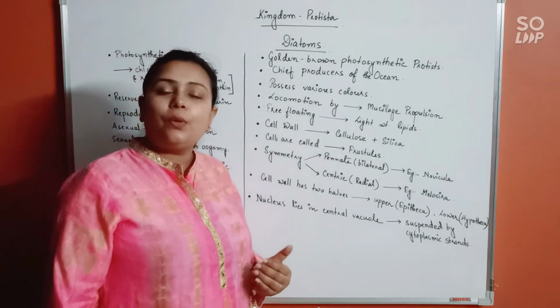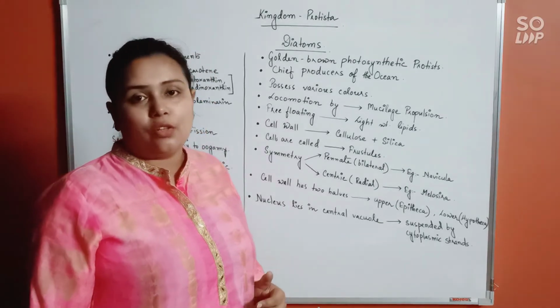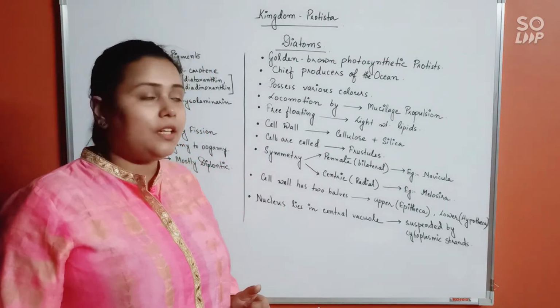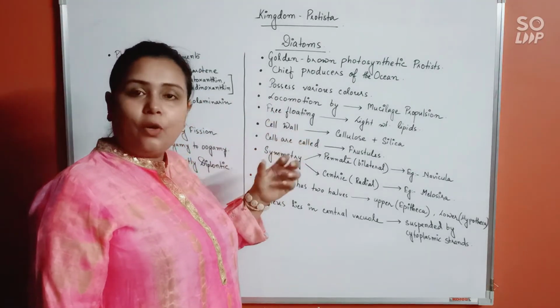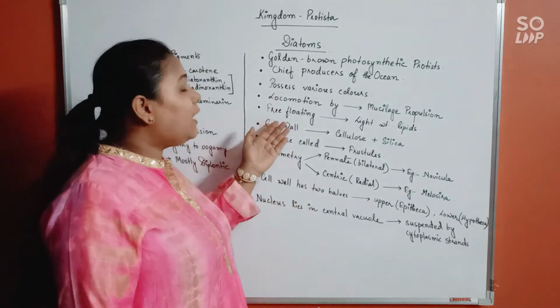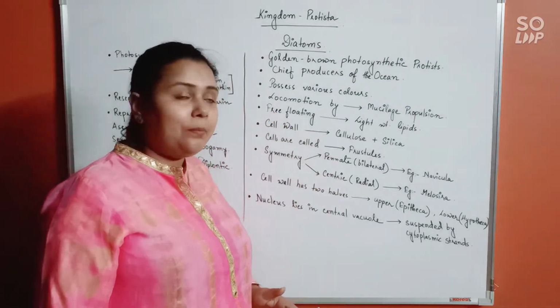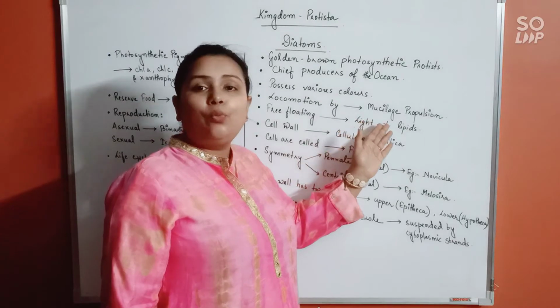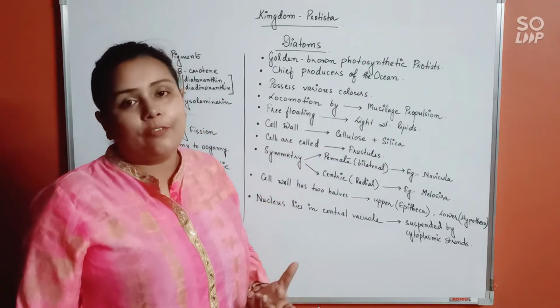Here the cells release thick mucilage in the direction opposite to the direction of movement, isn't it? Now, they are free floating because they are phytoplanktonic. Why? Because they possess lightweight lipids in their cells that help them to remain afloat.